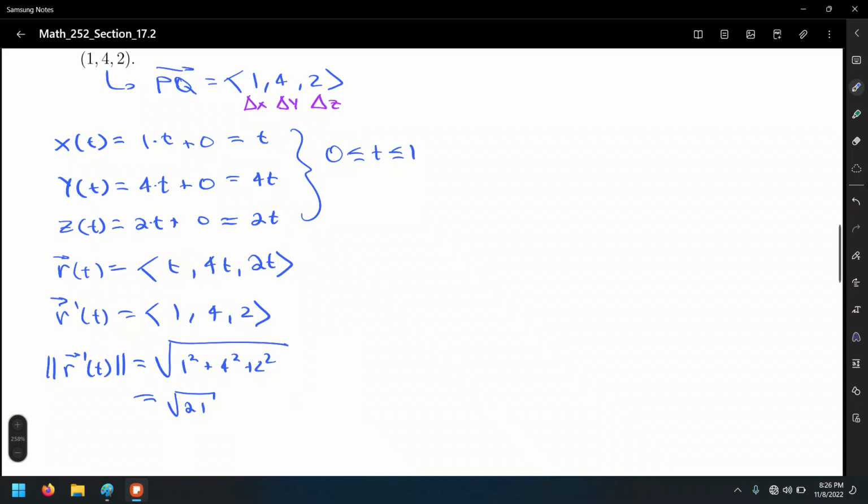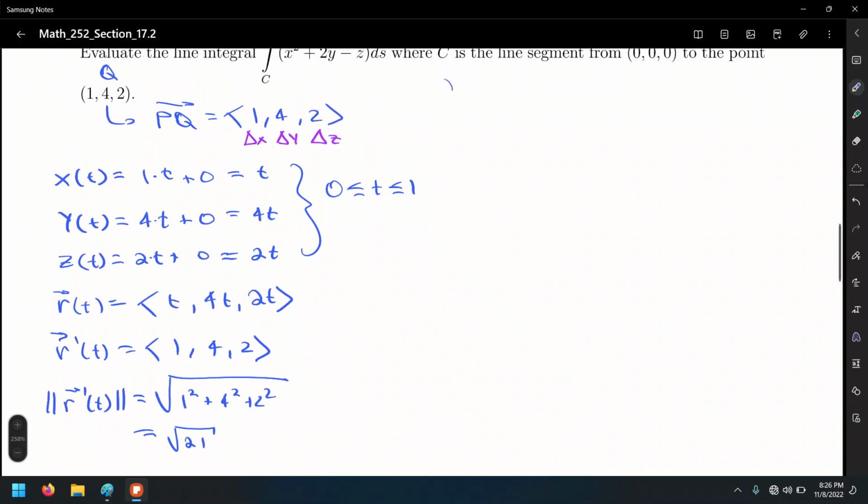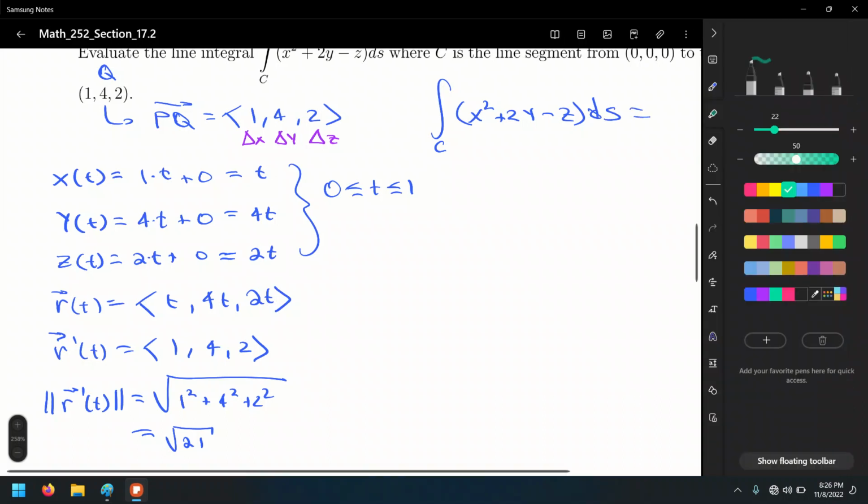So what do we have? The integral over C of the function x squared plus 2y minus z, ds. So let's replace x, y, and z.